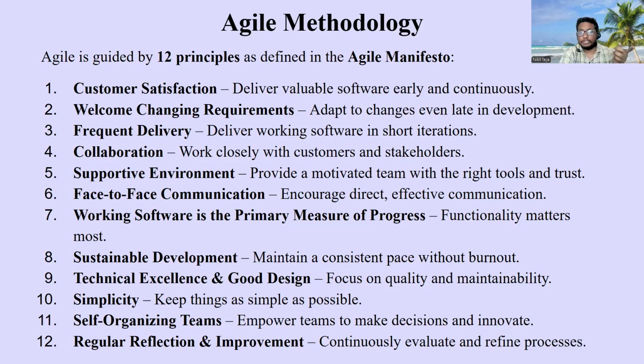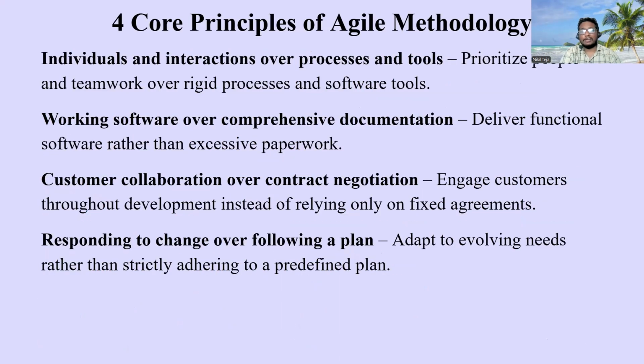So these are the 12 principles made by those experts who are fed up with waterfall methodology, right? Yeah, this is the Agile manifesto, and these are the four core principles. Those 12 principles are too lengthy, right?